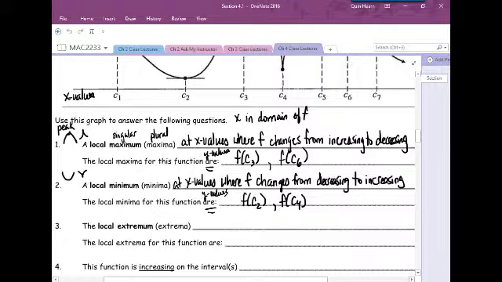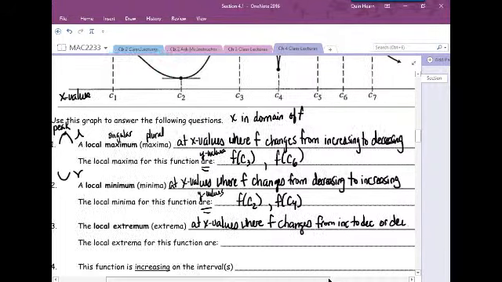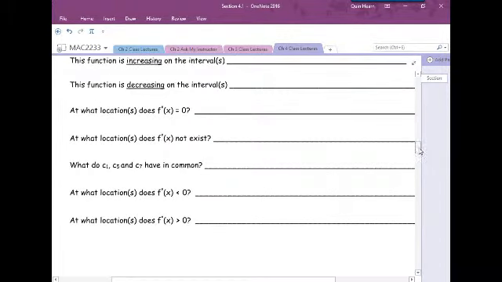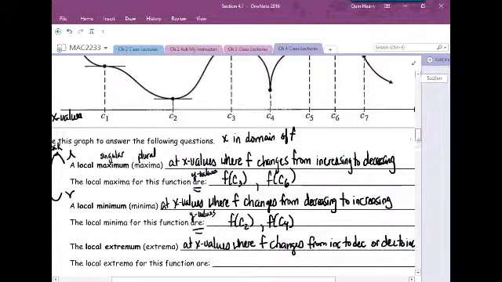So when it asks you for local extrema, that's going to occur at any x value where f changes from either increasing to decreasing or decreasing to increasing. Either way, a peak or a valley.